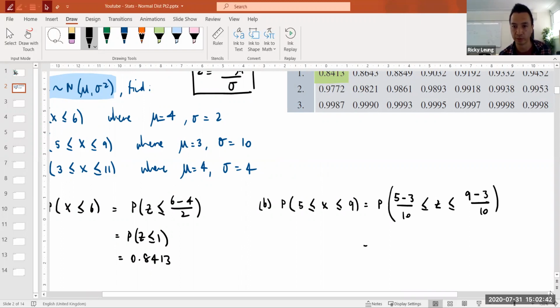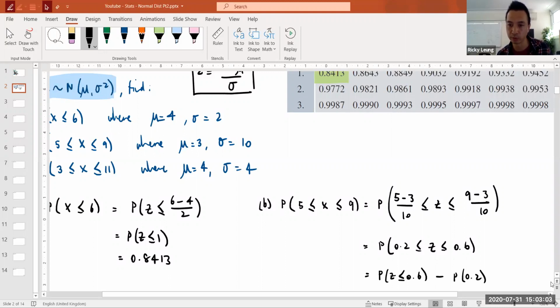Quite straightforward. So that's 2 on 10, so 0.2, and 0.6. And just like the previous slide where I said if Z is between two numbers, you basically take the area up to 0.6, subtract the area up to 0.2.